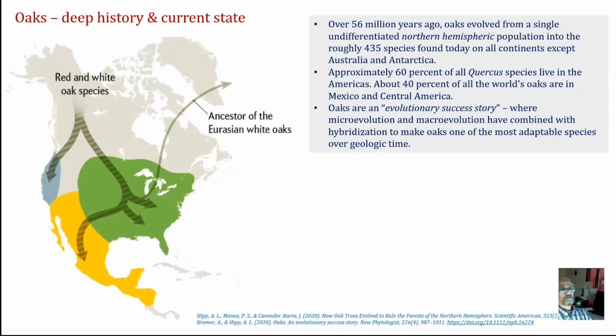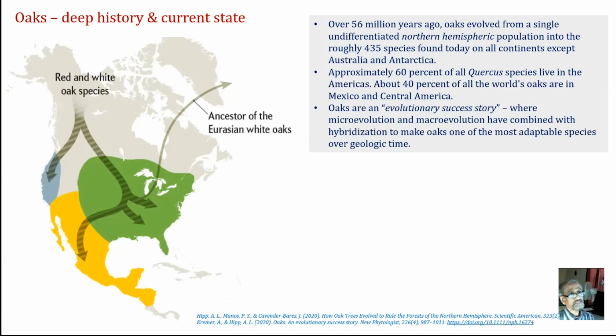All right, on to oaks at last. Before jumping to the modeled maps, let's go back 56 million years ago. Oaks evolved from a single undifferentiated northern hemispheric population into roughly 435 species that are found today on all continents except Australia and Antarctica.